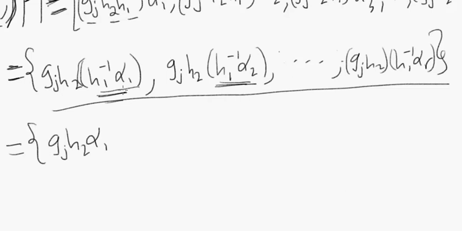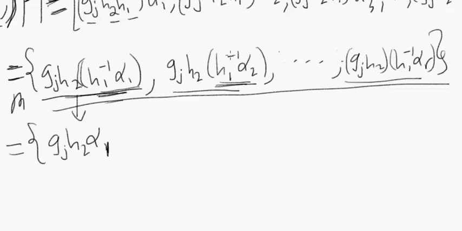We're not saying that this particular piece, gjh2 H1 inverse alpha 1, equals gjh2 alpha 1, but we're saying that gjh2 alpha 1 has to be one of the elements over here.